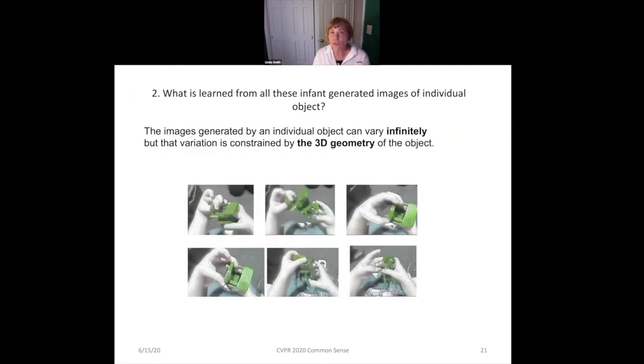So the next question we need to ask, if we're going to take this approach, is what is learned from all these infant-generated images of an individual object? Well, the images generated by an individual object can vary infinitely, okay?